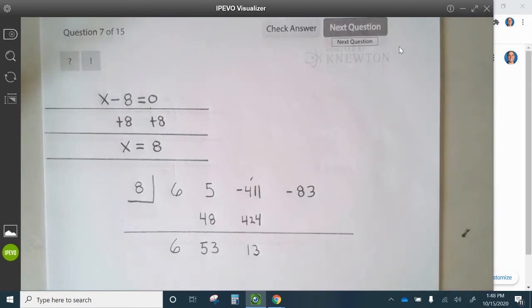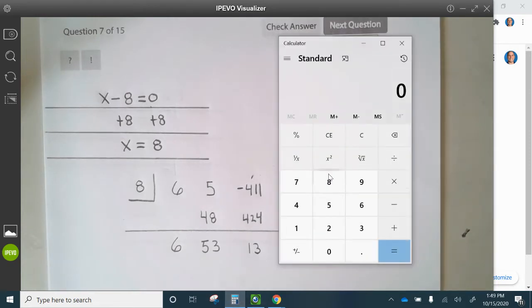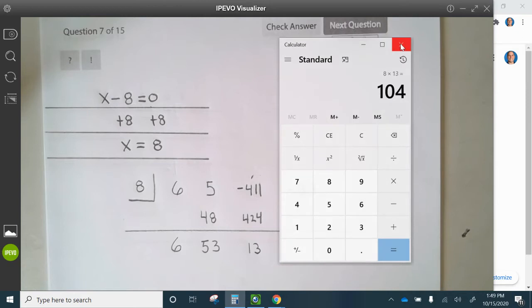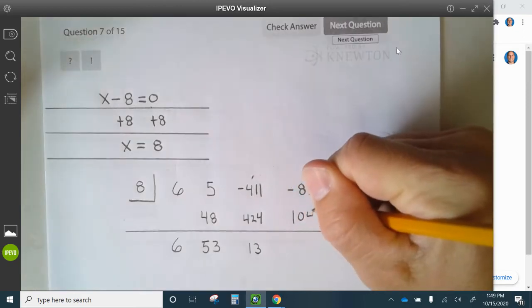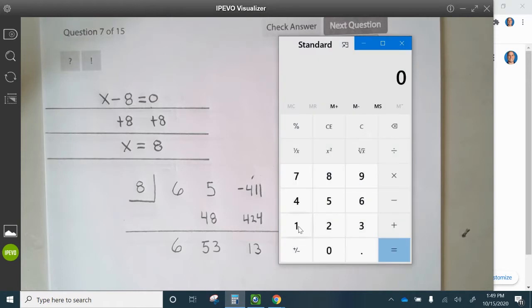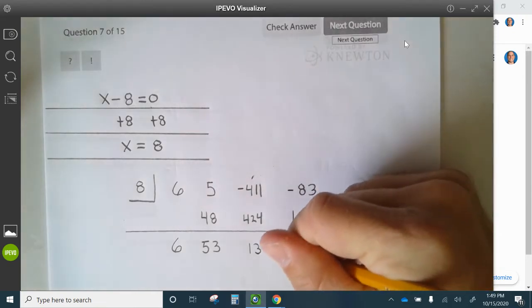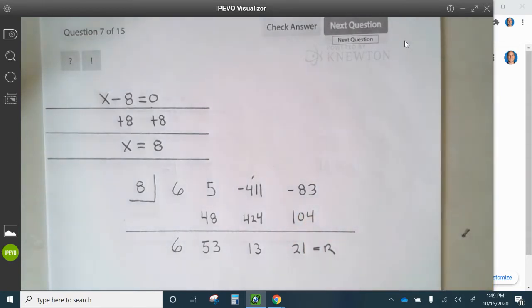And then I want to say 8 times 13 is 104, but let's use our calculator to make sure. 8 times 13 is 104. And then let's see, I want to say it's 21, but again, you always want to use a calculator whenever you're not sure. So negative 83 plus 104 is 21. So your remainder is 21.